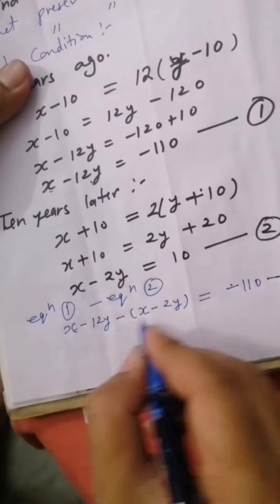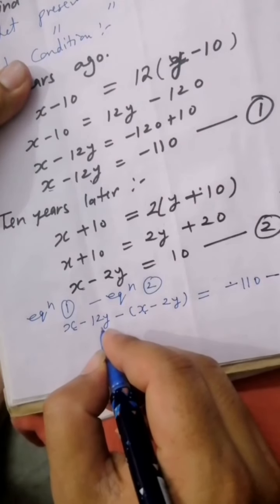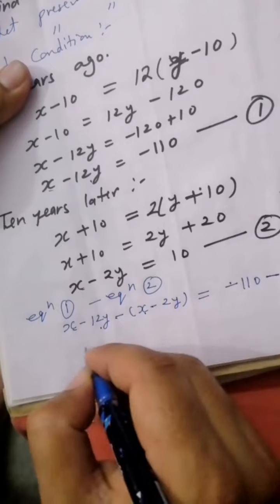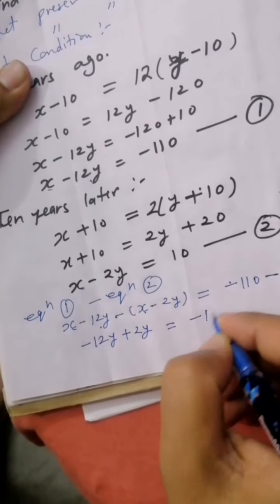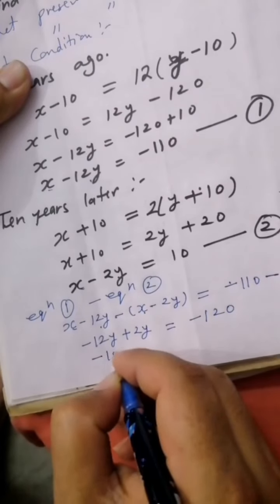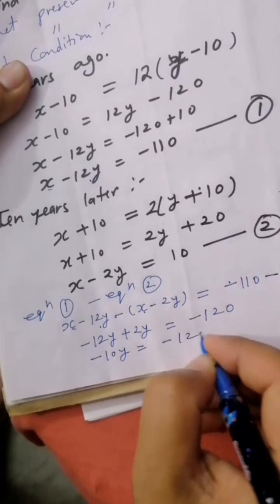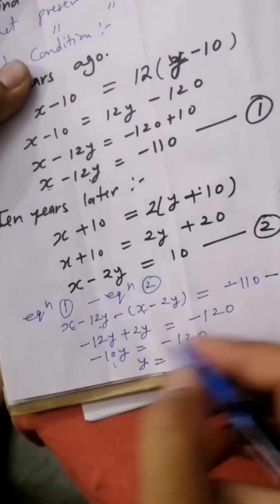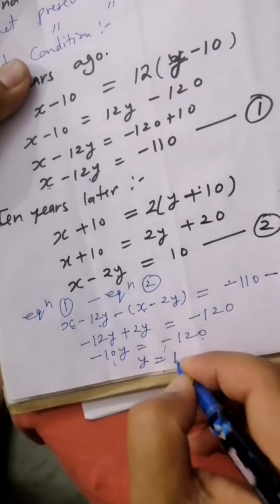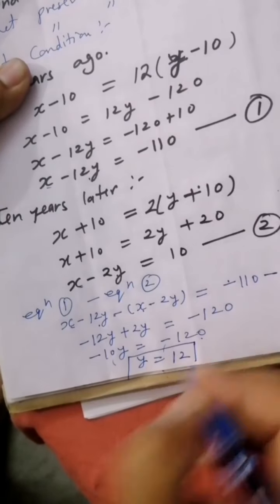So x cancels x, and minus 12y plus 2y equals minus 120. So minus 10y equals minus 120, or y equals 120 divided by 10, which is 12. So y equals 12 years.